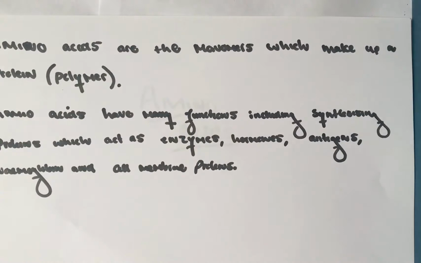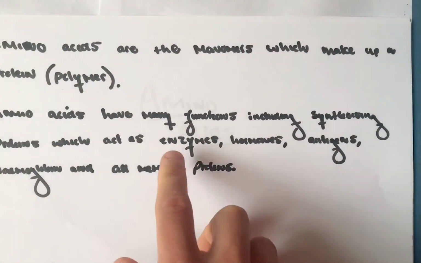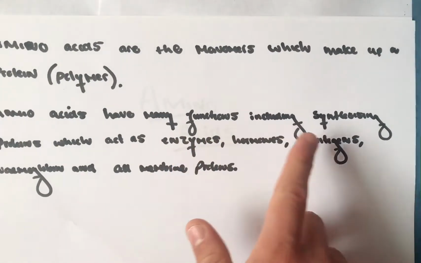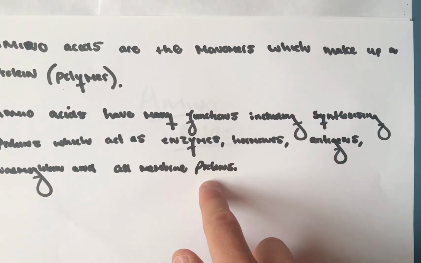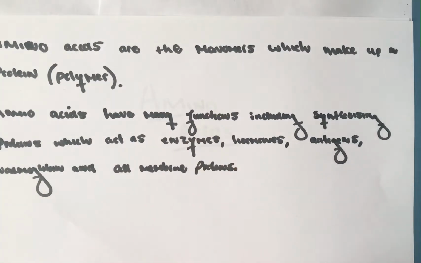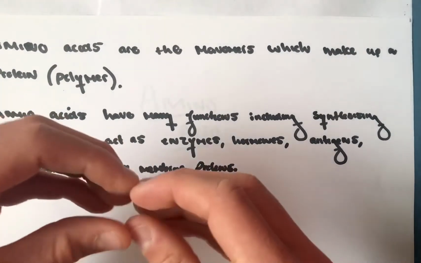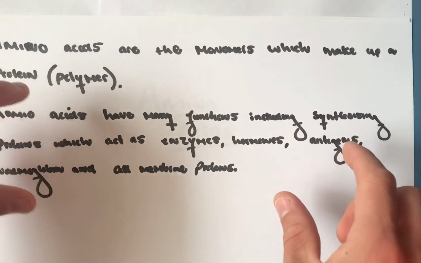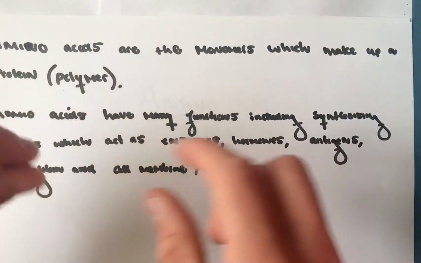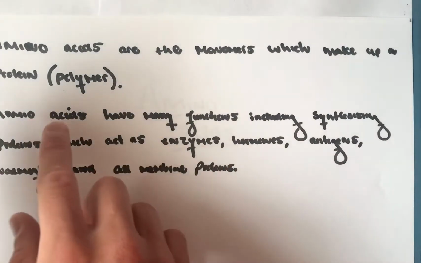Proteins have a variety of functions including acting as enzymes, hormones, antigens, hemoglobin and cell membrane proteins such as intrinsic and extrinsic proteins. Amino acids are the monomers, or the small repeating units, that make up a long-stranded polymer molecule, which is known as a polypeptide or a protein.